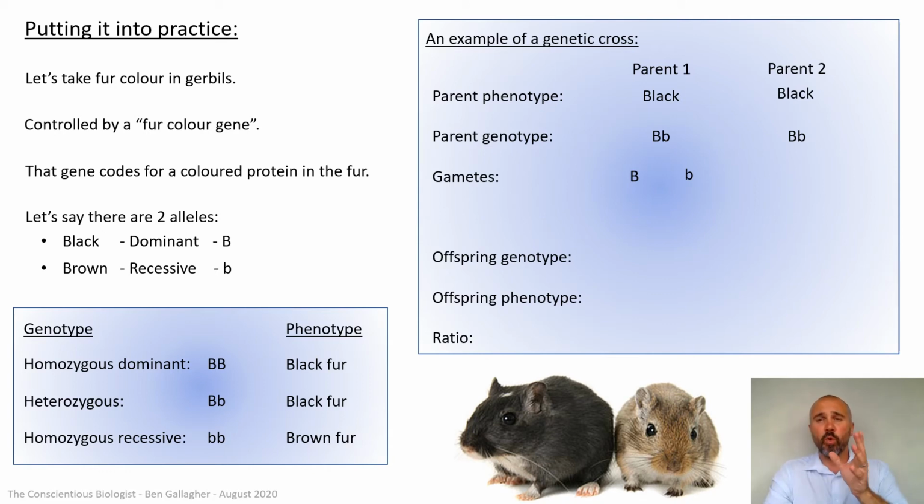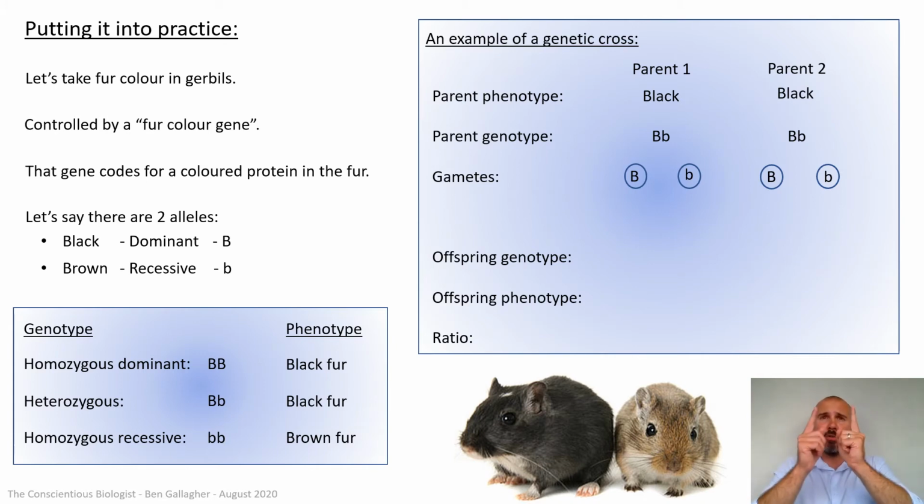So for that parent 1 that was black phenotype, big B, little b genotype, his gametes are going to be half big B, half little b. The other parent, because he's got exactly the same genotype, is going to be exactly the same. Now, something I always really pester my students to do is put circles around gametes. The only reason I pester them to do that is because when you're writing them quickly in the exam, if you don't leave a big enough gap between them, it looks exactly the same as the genotypes.